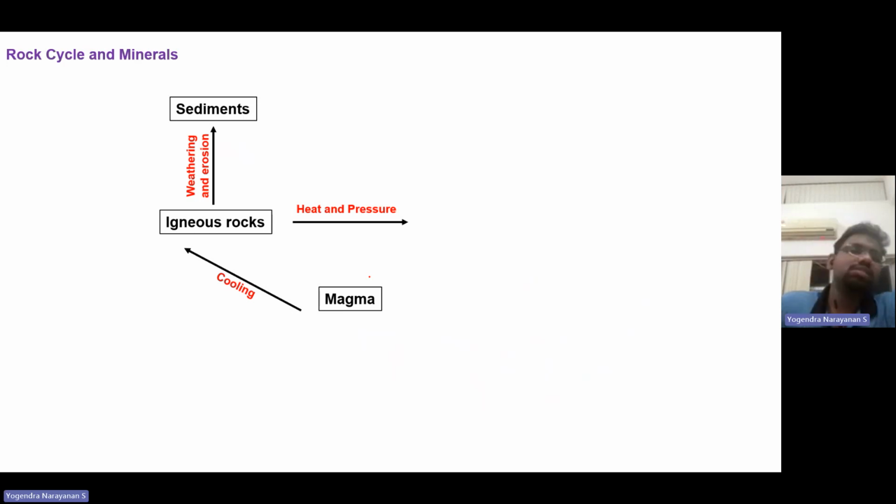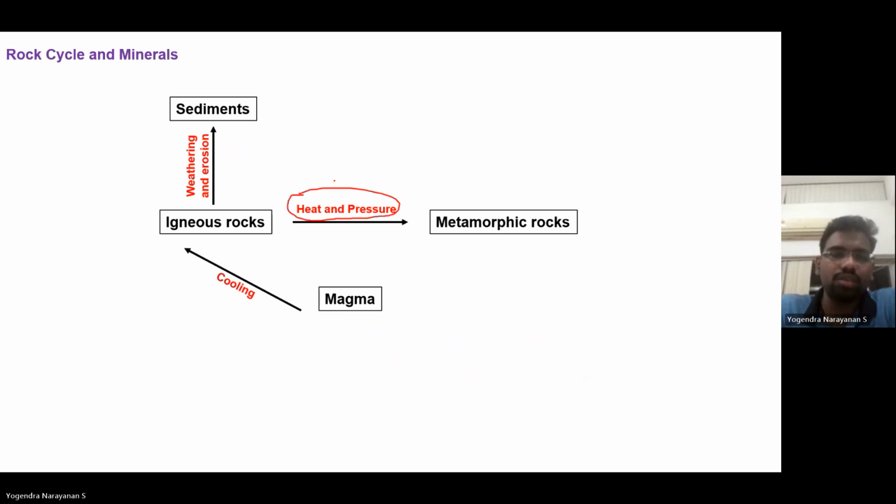And when these igneous rocks are again subjected to high temperature and pressure, they form metamorphic rocks. This process is known as metamorphosis, the action of extreme heat and pressure.